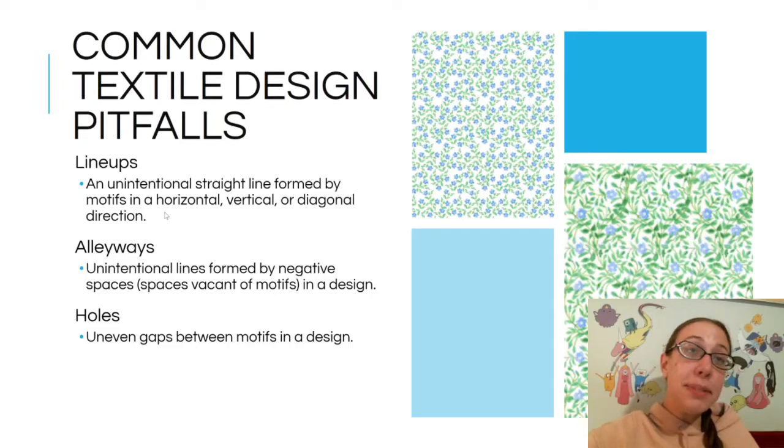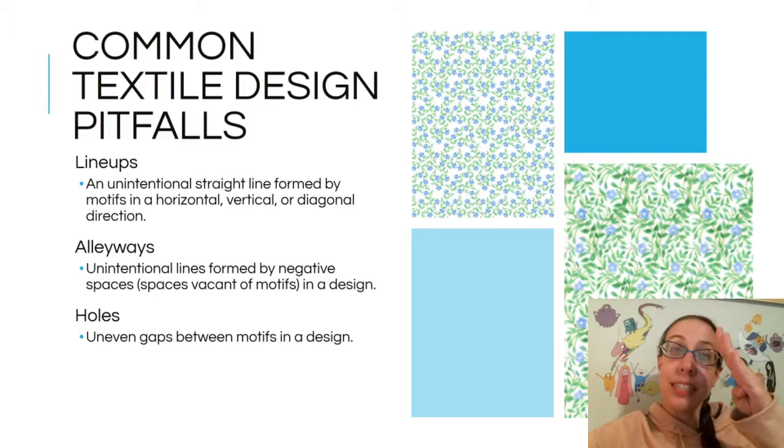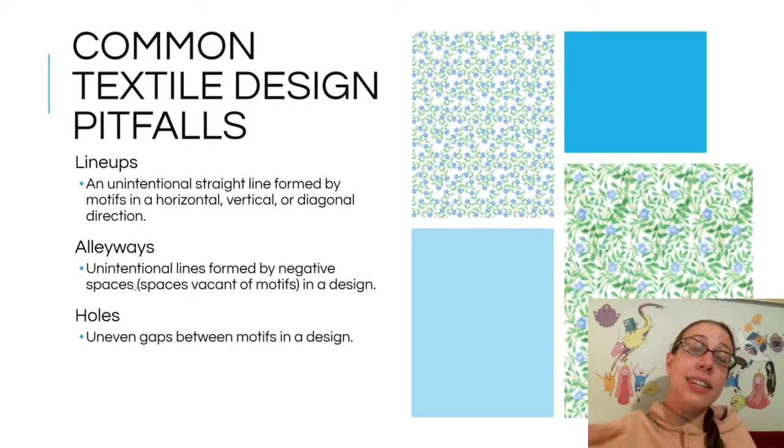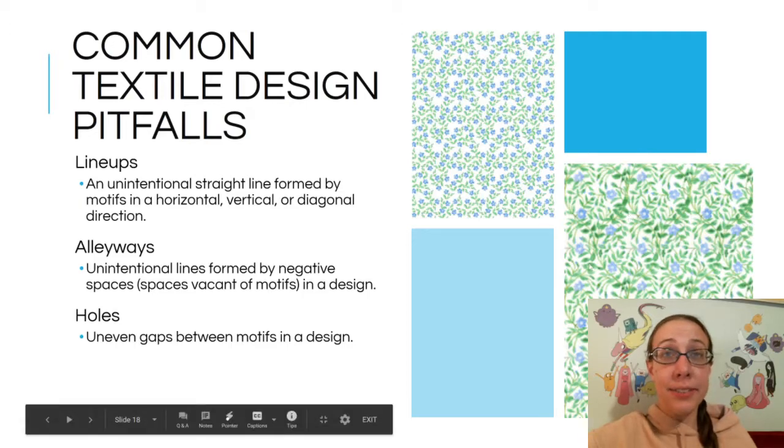So a lineup is an uninterrupted straight line formed by motifs. Normally you see them going directly across, or sometimes you'll see a lineup going at an angle. They are related to alleyways. Alleyways are unintentional lines formed by negative space. I think this is a good example of an alleyway over here.